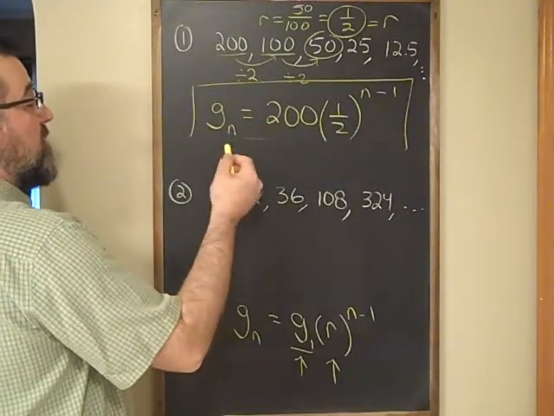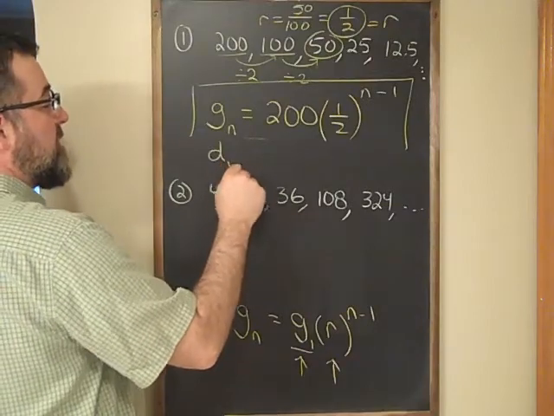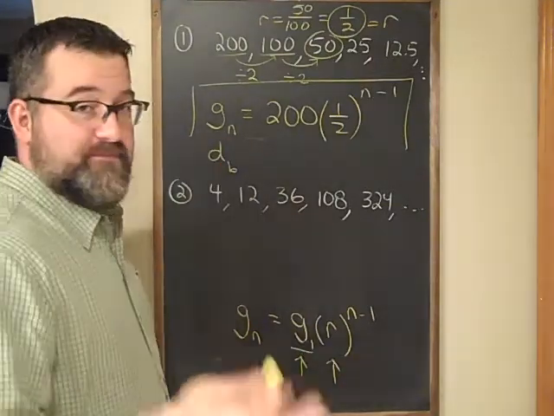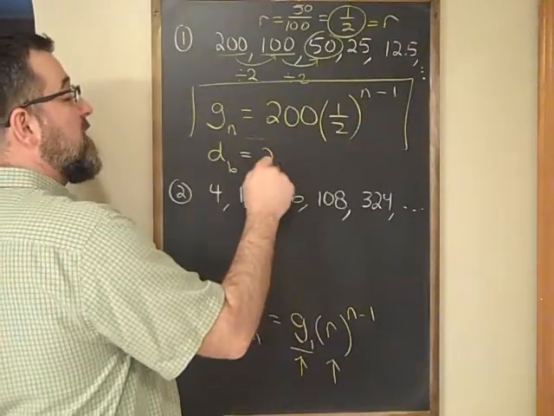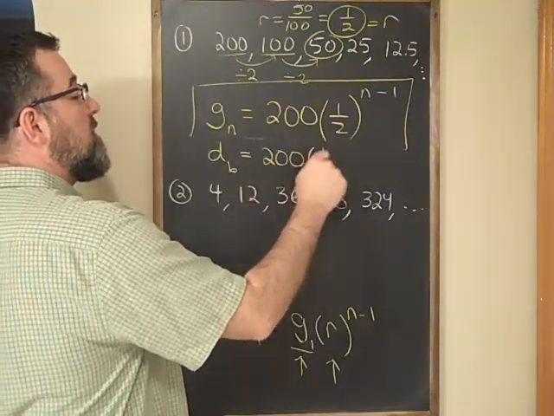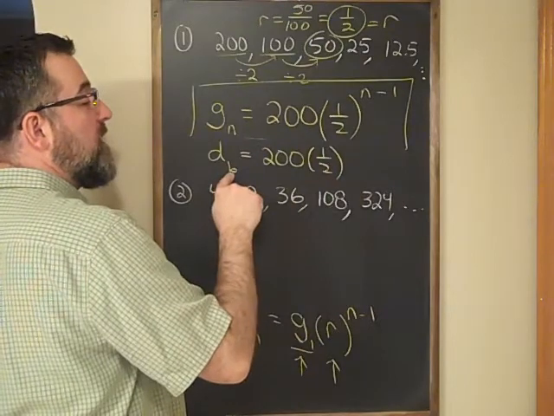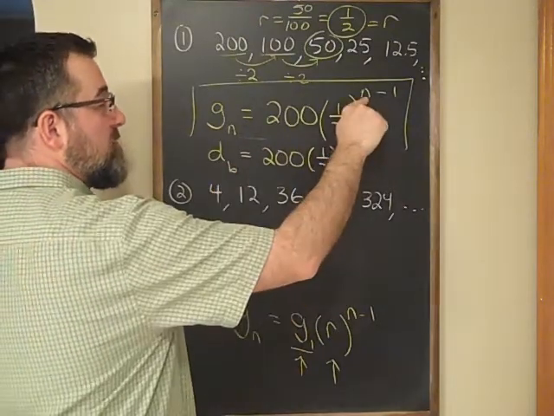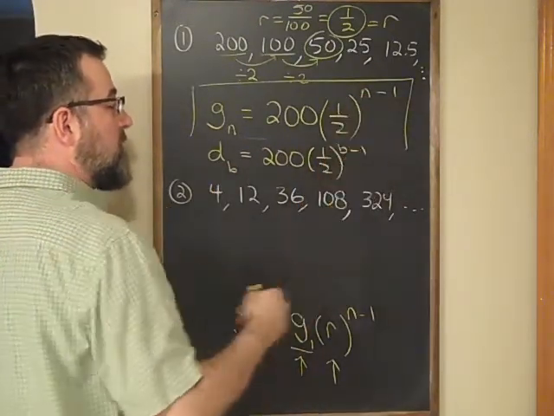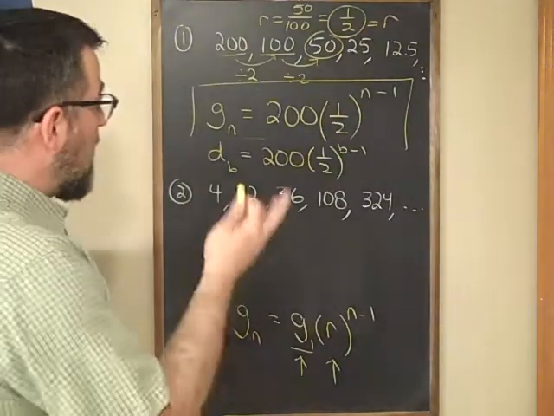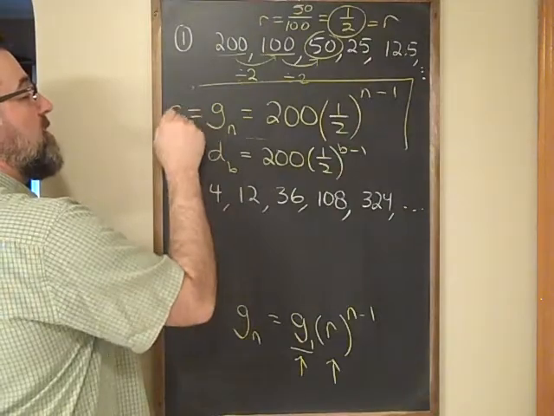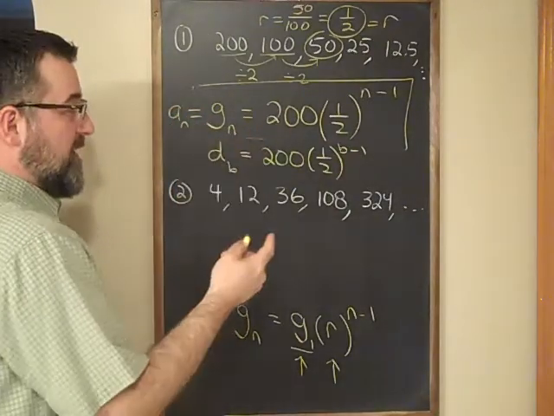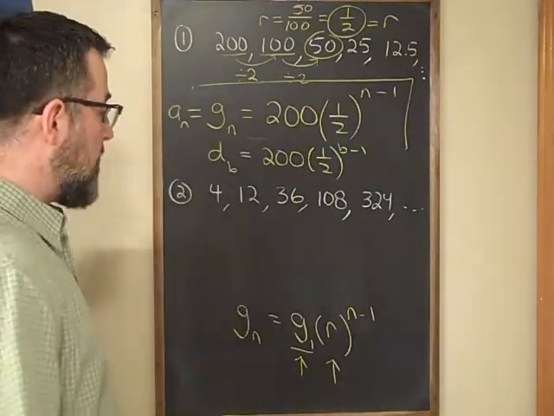You could say, I want to call this d sub b, because you like the variables d and b. Go ahead, use it. There's nothing wrong with it. This would just be 200 times 1/2, now your input is b, so you would say b minus 1. So any way you slice it, it works. The textbook is going to call this a sub n equals. There's nothing wrong with that.